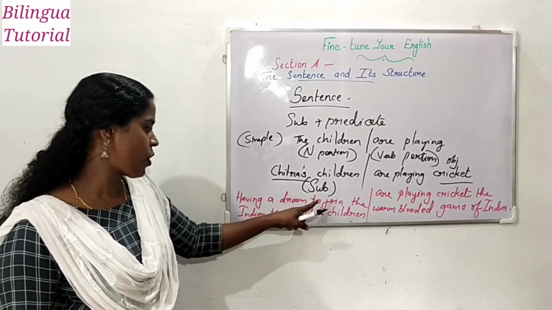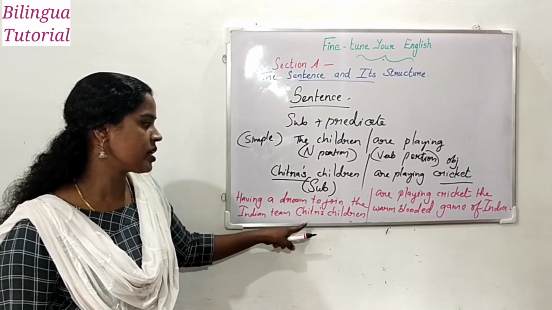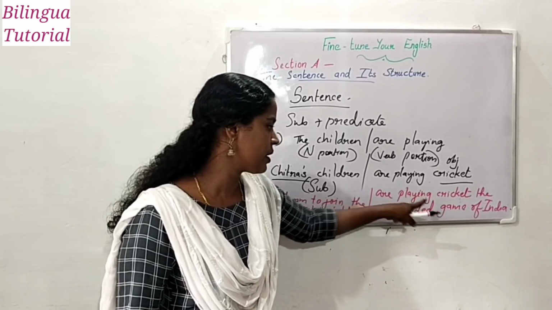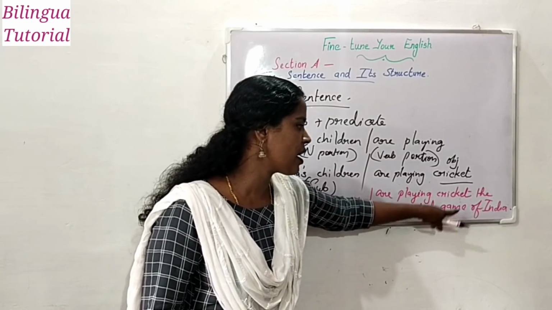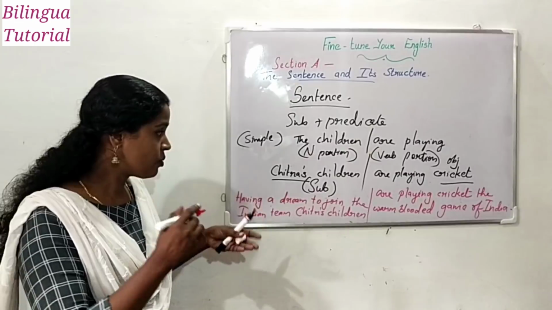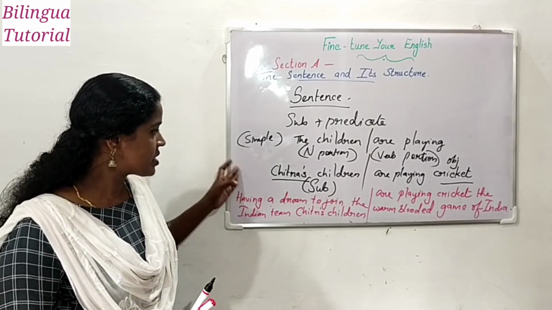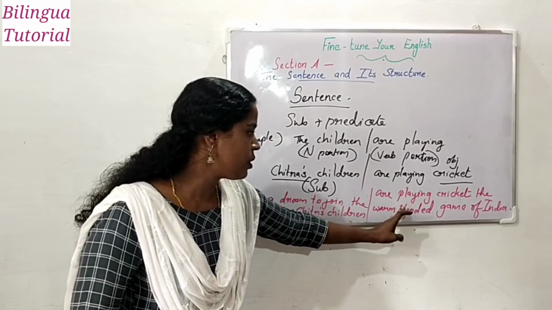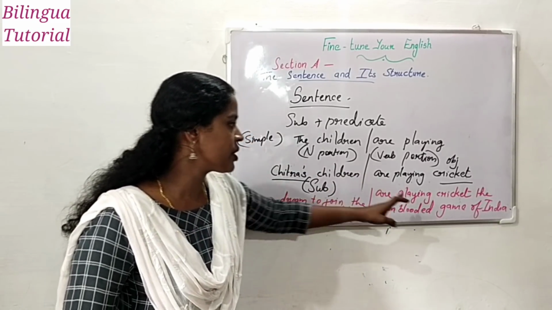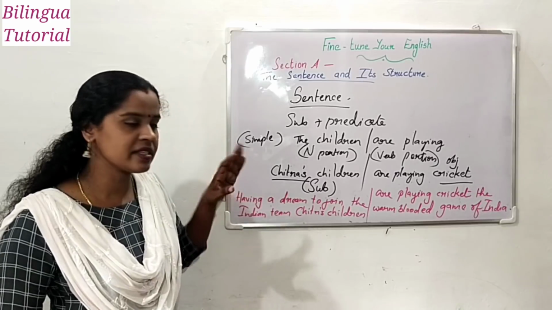Having a dream to join the Indian team, Chitra's children are playing cricket, the warm-blooded game of India. See, now this is a complex sentence. But still the subject and predicate portion stands just like that.